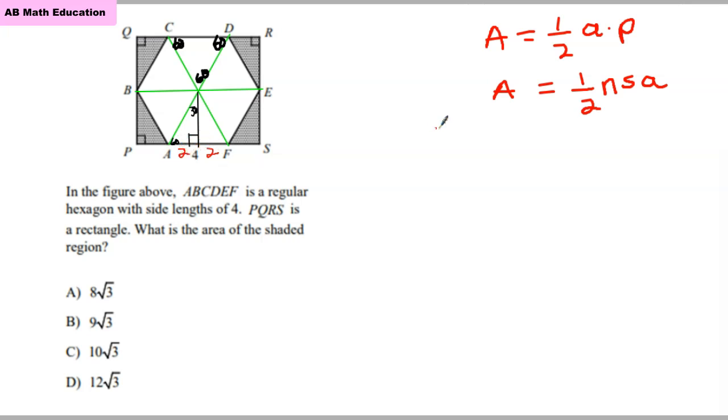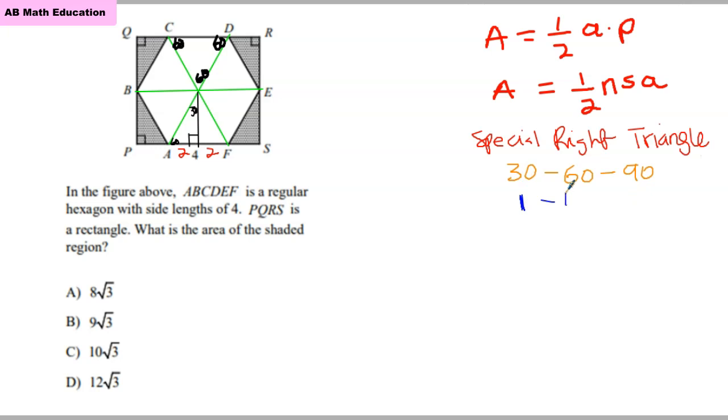Remember, I keep on saying that this special right triangle ratio, you need to study that. I have a video, I will attach it. It tells us that anytime we have a special right triangle, which is 30-60-90, it exhibits a special ratio of 1, 1√3, and then twice, which is 2 here.